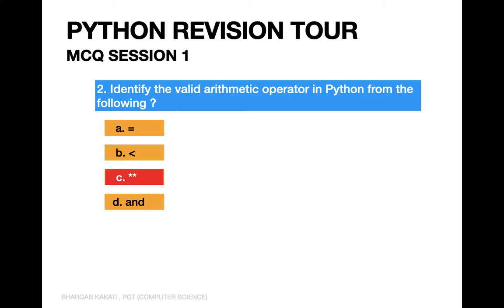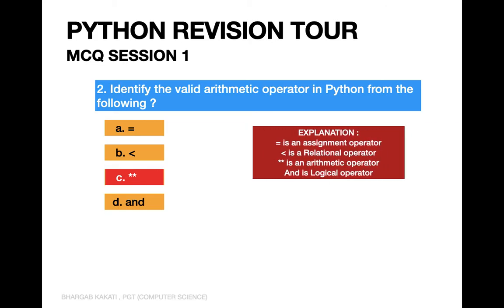The exponentiation operator is used to raise a base to a certain power. The explanation says that equal to is an assignment operator, less than is a relational operator, the star-star operator is an arithmetic operator, specifically the exponentiation operator, and 'and' is a logical operator.